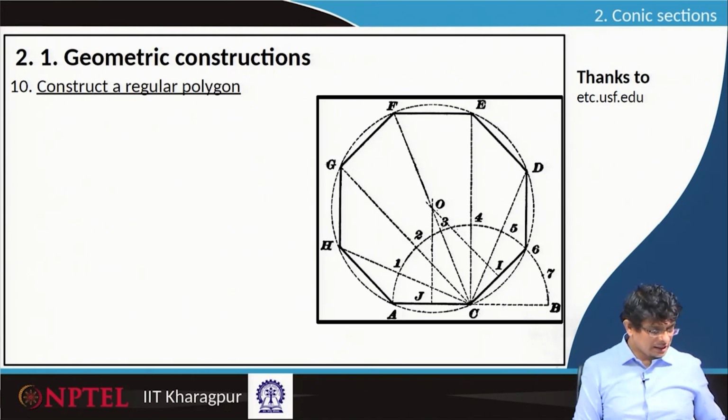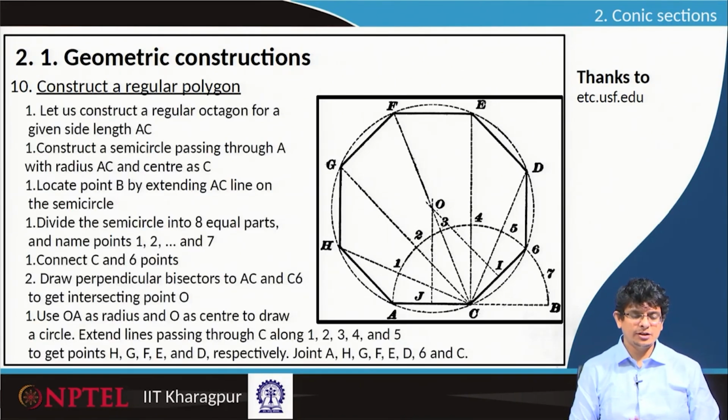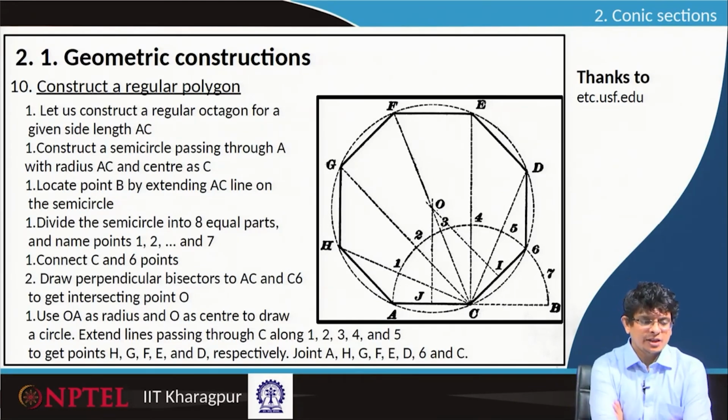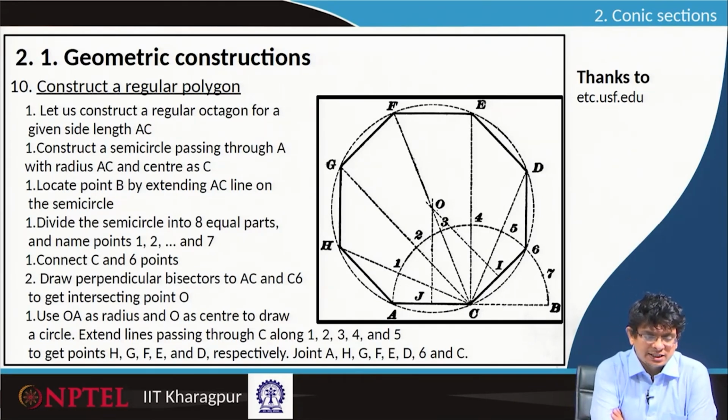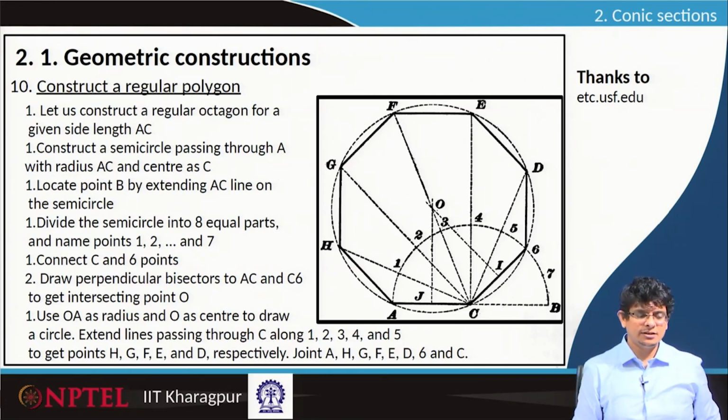To construct that, let us look at the procedure. So, what is given is AC length is given as side length. First of all, we have to construct a semicircle passing through A with radius AC and center as C.